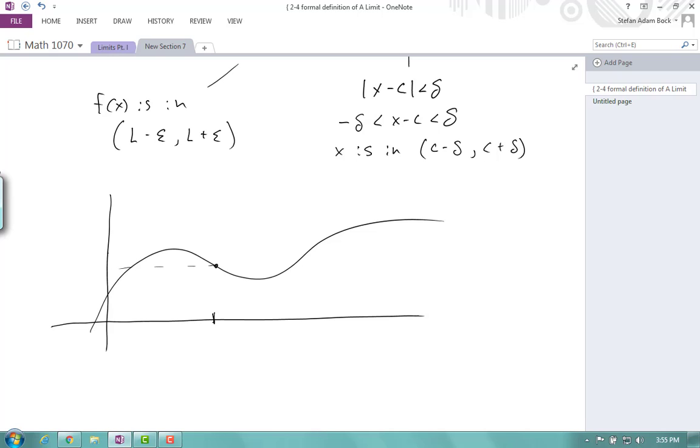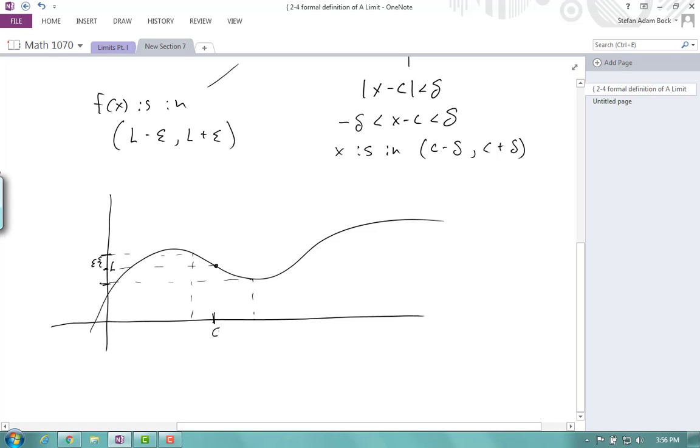I'll have a margin of error and a supposed limit here as L. What I want to do is follow these back to the x-axis.